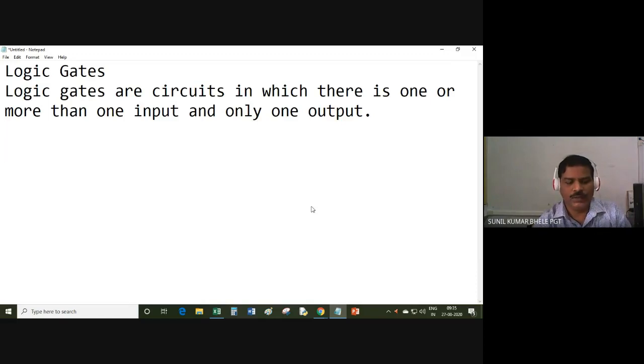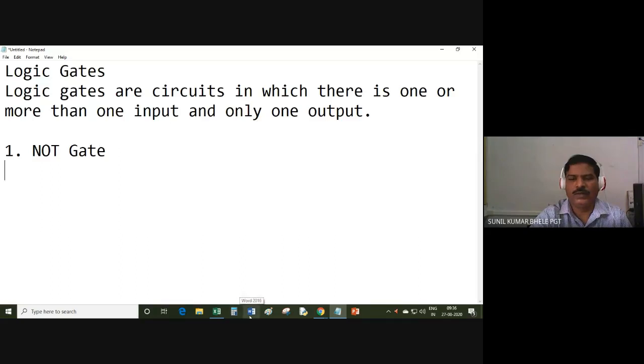First, I want to discuss the NOT gate. Each and every gate has a symbol. You can draw a diagram of the gates. So how to draw a NOT gate with the help of Microsoft Word?